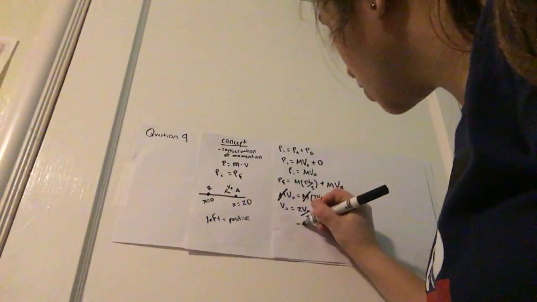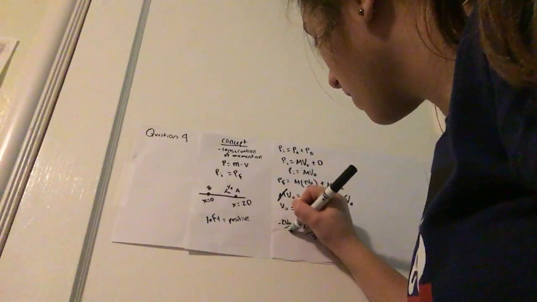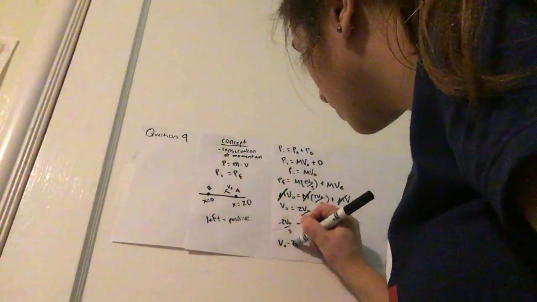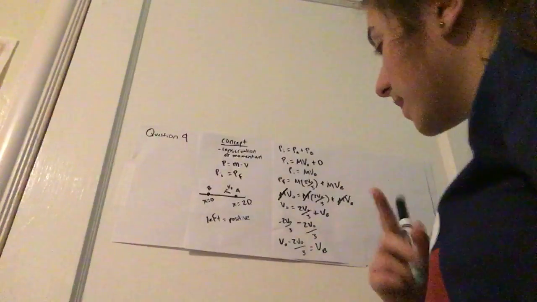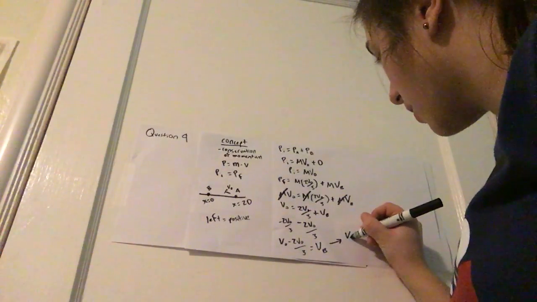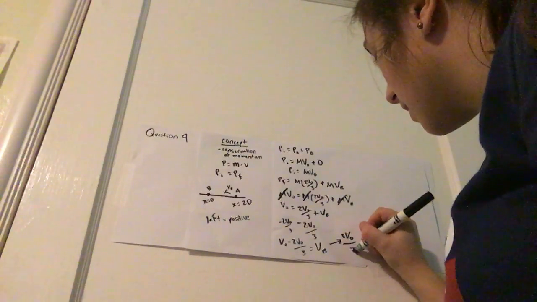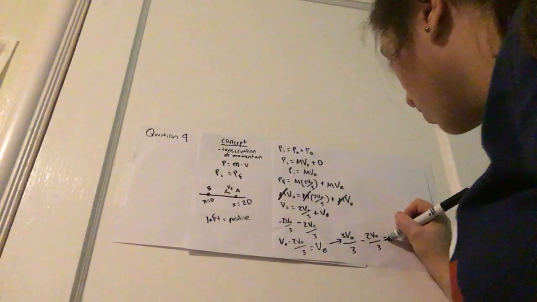So then I'm going to subtract this from here, and I can get v naught minus 2v naught over 3 is equal to the velocity of B. Then I need to solve this, so I'm going to use an arrow to show it, just so I can subtract it correctly.